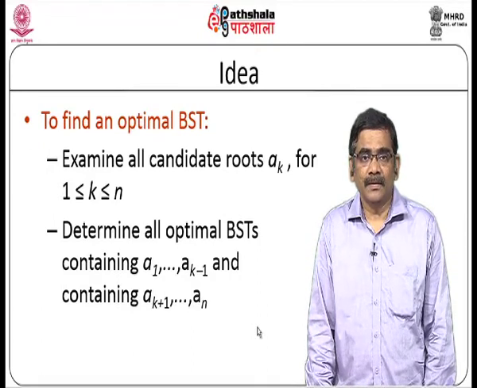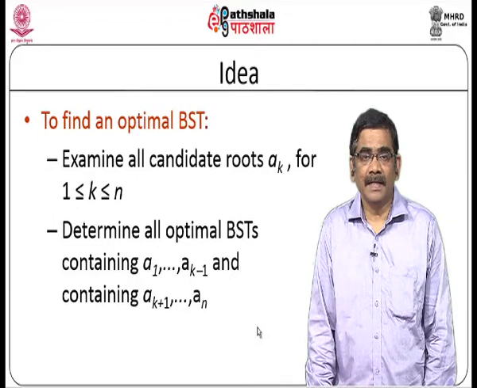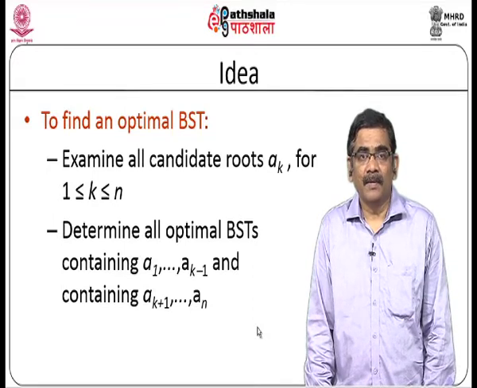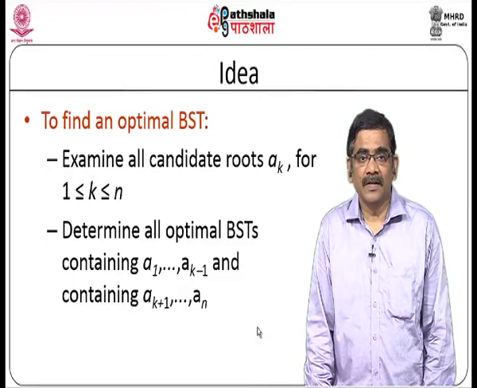So, we examine a candidate for A of k, and accordingly divide the problem into constructing a BST for keys from 1 to k minus 1 and k plus 1 to A of n.